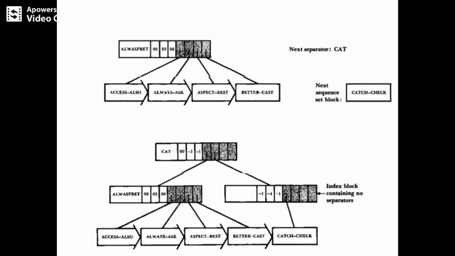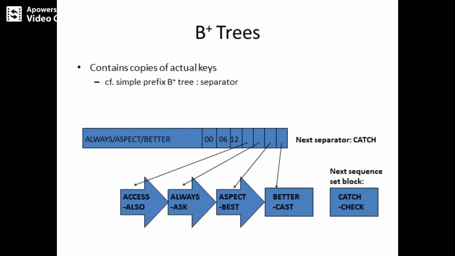If you have variable length separators, this is how you are going to do it. So let us consider the actual B plus tree. In the previous slides, we had seen the simple prefix B plus tree. That means if you have separators, we are going to use those separators in the index set blocks, right? So here that is simple prefix.